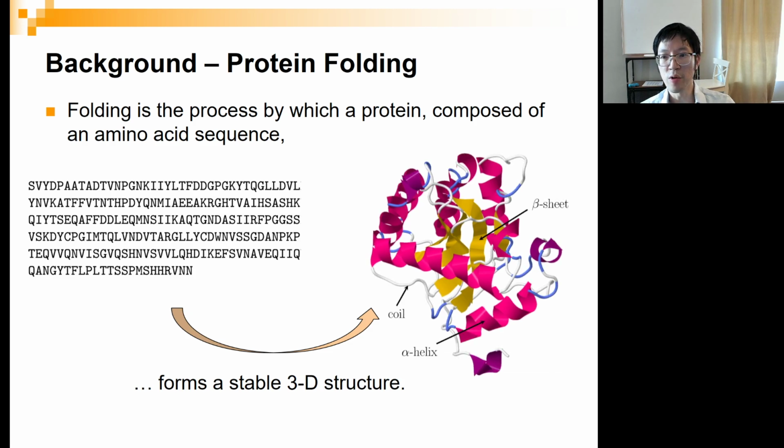Just to point them out briefly, there's three color-coded parts, and they correspond to what we call secondary structures within the protein. So the helices are called the alpha helix, and then you see these strand-like features. They're called beta sheets, and then these connecting regions, which tend to have quite a flexible structure, are called coils.